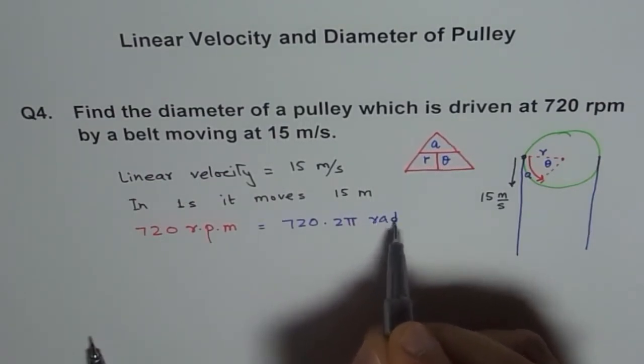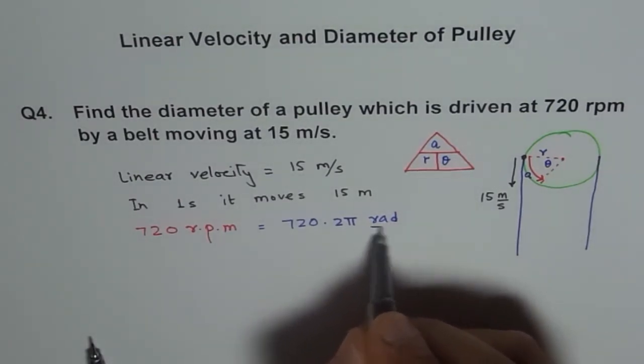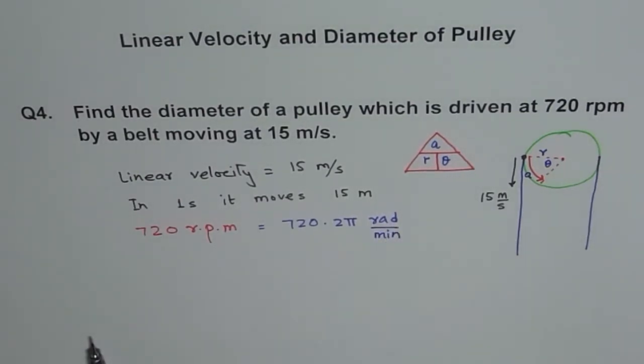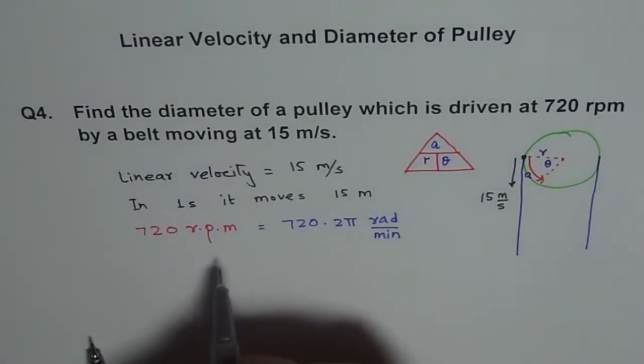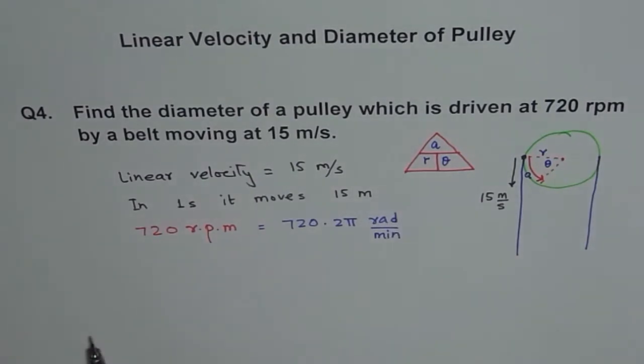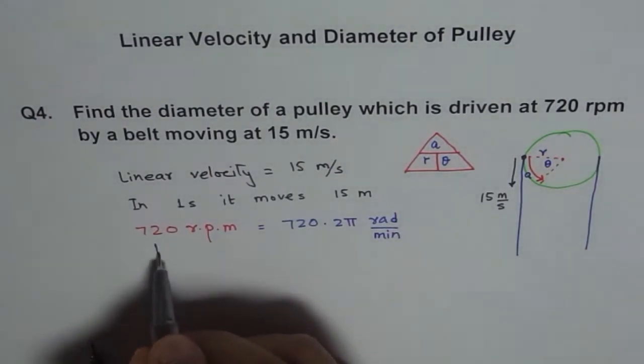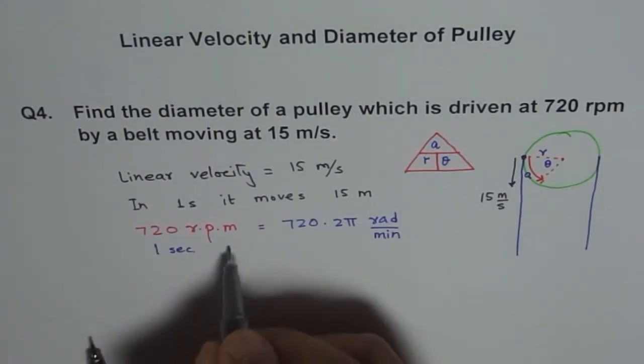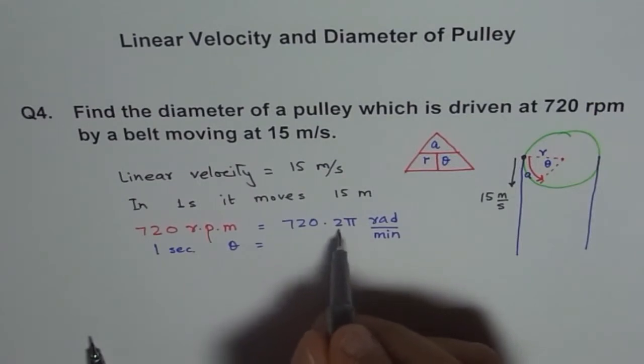So how much is theta in a second? We divide this by 60.